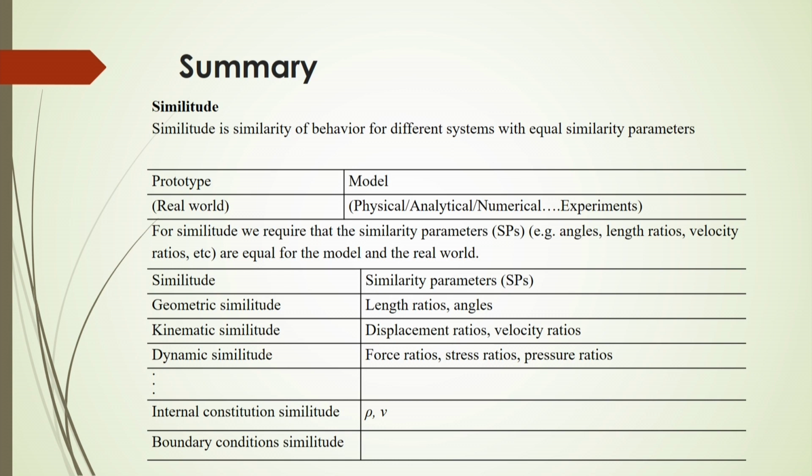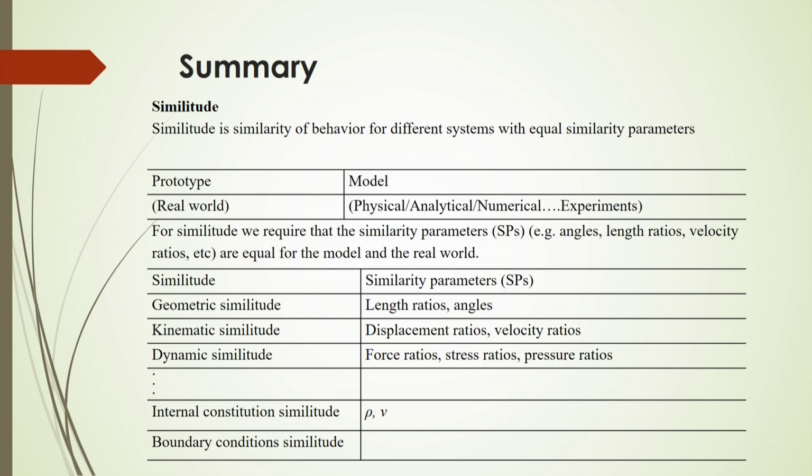And for similitude, we require that the similarity parameters, like angles, lengths, ratios, velocity, etc., should be equal for the model and the real world scenario. And the similarity parameters are called similitude. So, all the parameters will be considered under the common name similitude. Geometric similitude means length ratios and angles are to be considered.